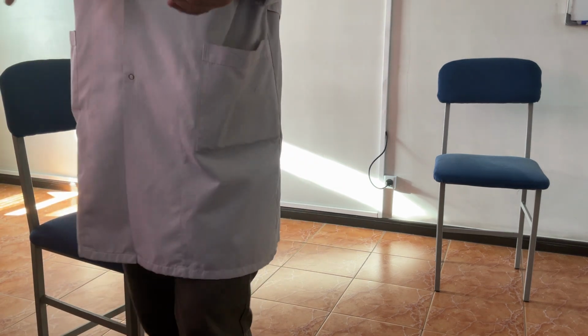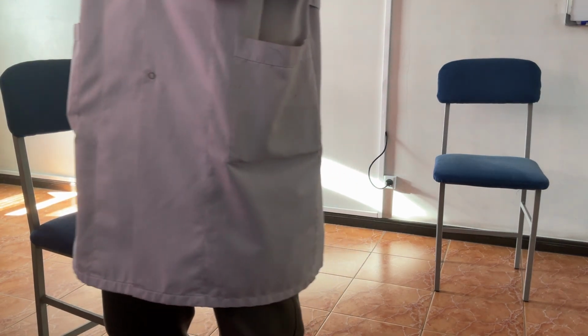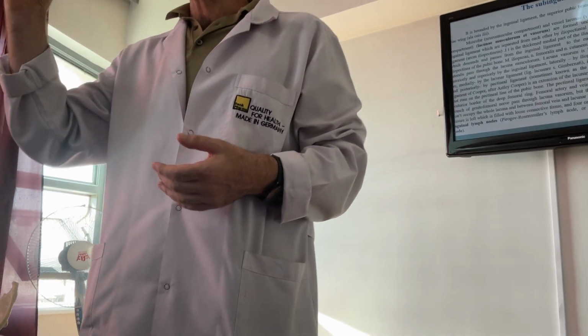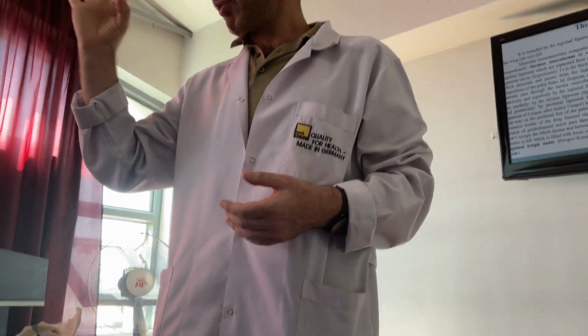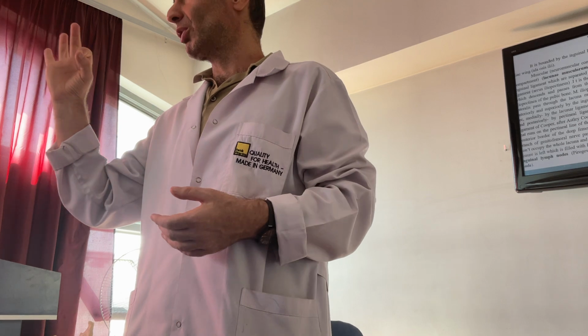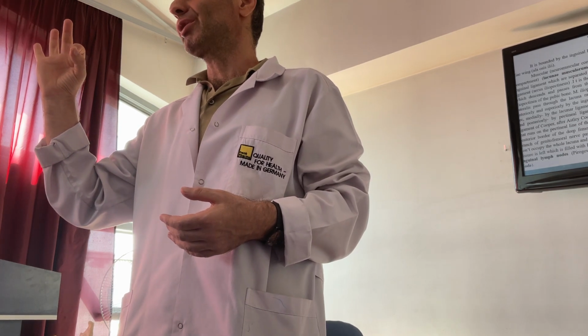Remember this, guys, deep ring of the femoral channel. Now, I will try to model this ring by my hands, by my fingers. Let's make the ring, and let's put it in proper position. If I fix it in this position, will it show you the deep ring of the femoral channel?